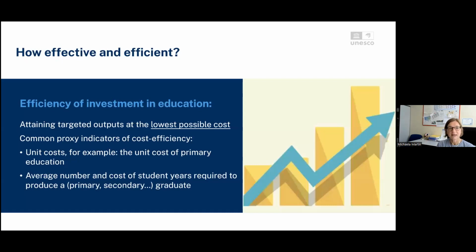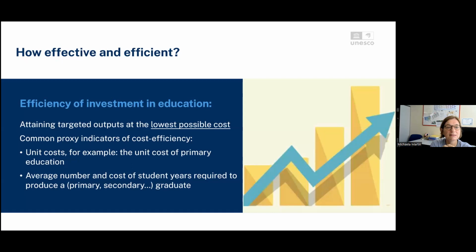Now, here comes our last question. How effective and efficient is our resource allocation? Just a little bit on the notion of efficiency, which I think you probably know.